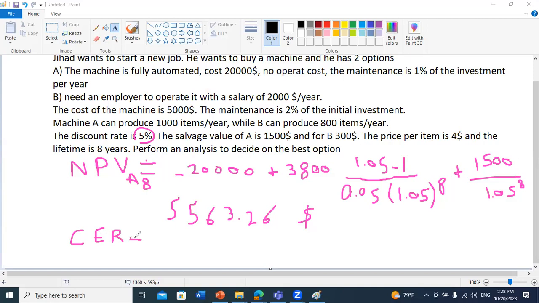So we do 5,563.26 divided by 20,000, and we get 0.278. This means that the percentage of gain is 27.8%. For a period of 8 years, a gain of 27.8% is acceptable.